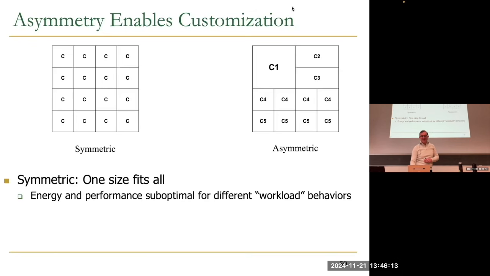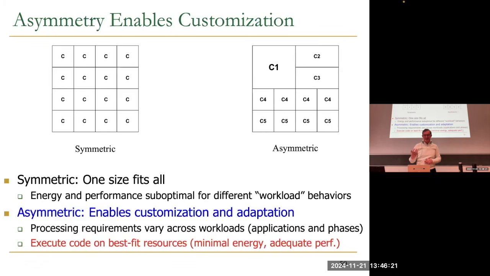So if you do asymmetric, this is one example where this could be static, or it could be dynamically configured to be asymmetric. Essentially, this enables now customization and adaptation, right? Because processing requirements vary across workloads. You can find that one workload that needs something as big as C1 should be scheduled here. One workload that needs something as small as C5 is scheduled here.